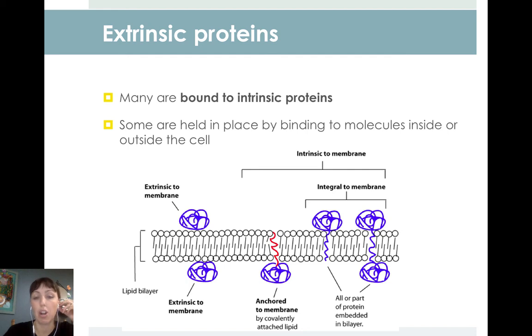If you look at this model, you can see that the extrinsic proteins are on the outside of the membrane. And in this one in the middle, you have this extrinsic protein, and then you have an intrinsic protein that is bound to it.